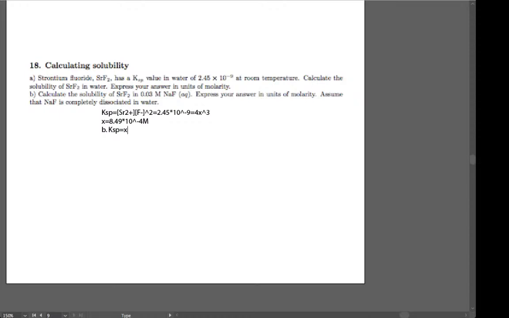This is basically Le Chatelier's principle. From my mind, it is like Le Chatelier's principle. Is it just basically addition? No, because it requires some change.